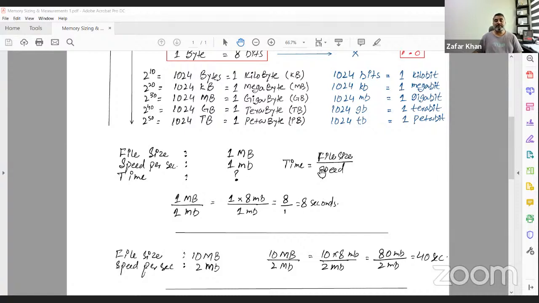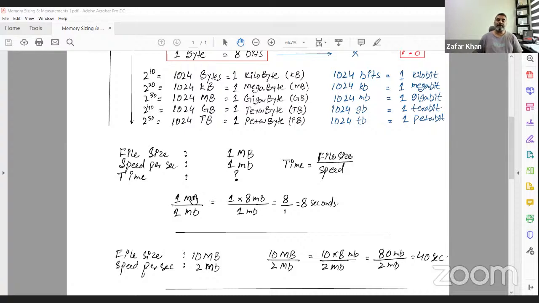Since the divisor is in megabits, you have to have the dividend in megabits as well. So you have to equalize the unit. Otherwise, different units cannot divide each other because they are not equal in nature. They quantify in different terms.